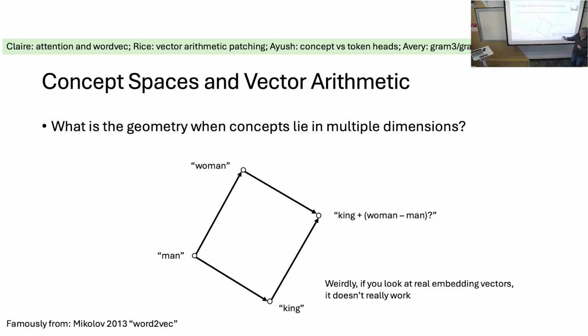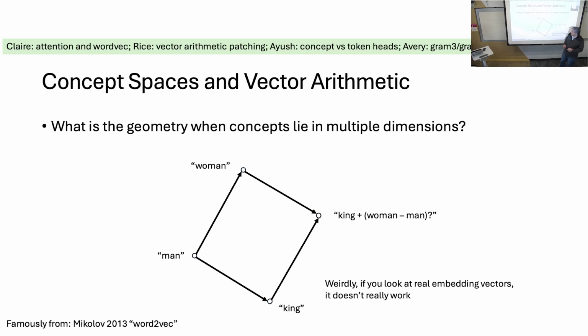So the history for this piece of work is there's a very famous paper by Mikolov in 2013 called Word2Vec, where they train a 0-layer neural network, the simplest model, on a lot of text, and then get vector embeddings for all sorts of words, and make a big deal about the fact that the words as vectors have this interesting geometry.